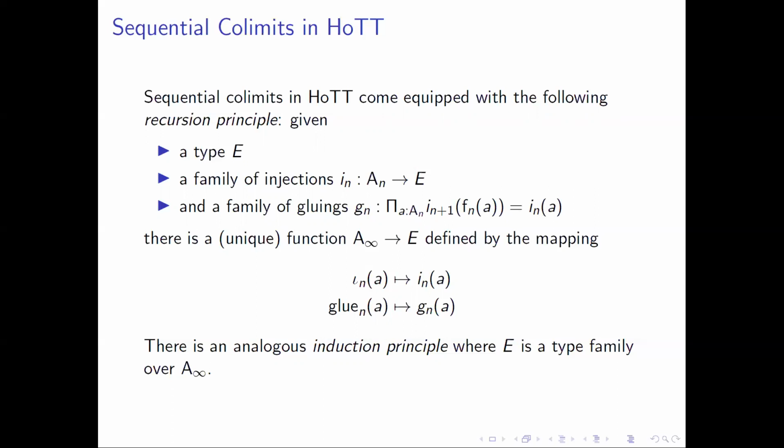So in a sense, a sequential colimit is initial up to propositional equality, homotopy initial, in the category of algebras of suitable form. So the induction principle looks just like this, except it considers the case when E is not just a type, but a type family fibered over the colimit itself.